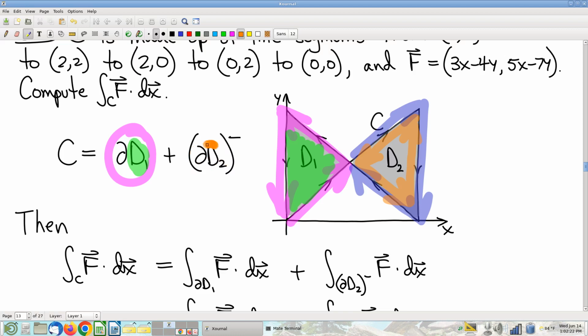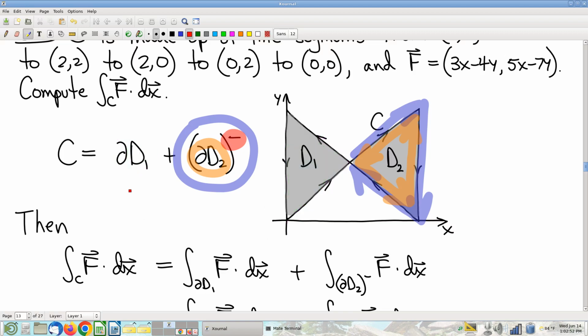Boundary of D2 is that. What I actually have is the opposite orientation. The boundary of D2 is counterclockwise. The dark blue, the sort of right half part of C, is going clockwise.